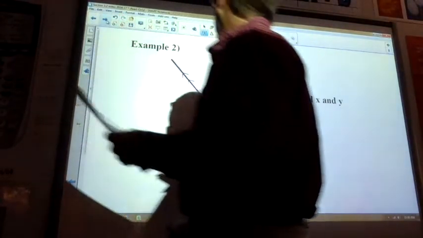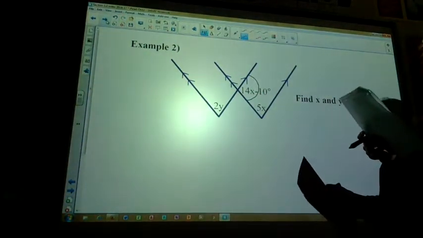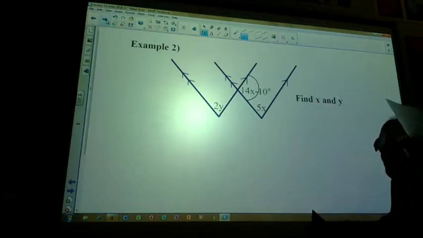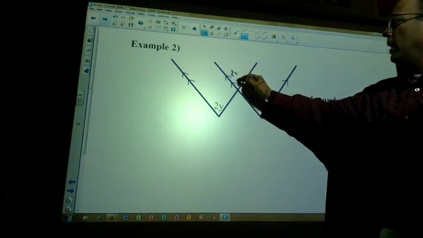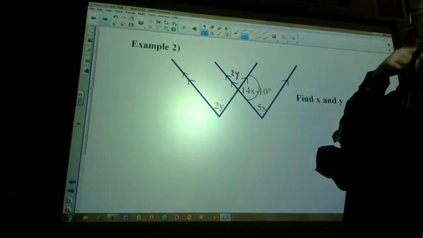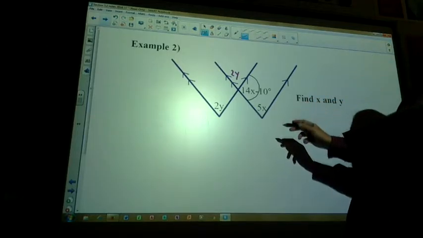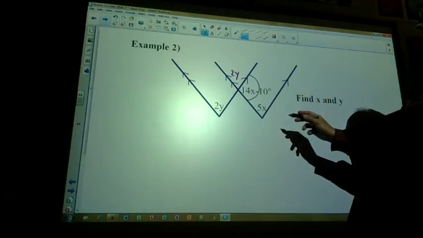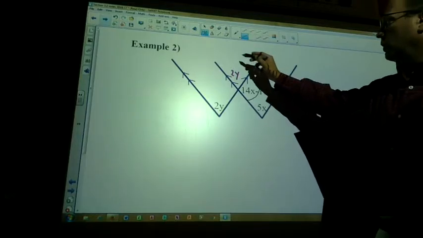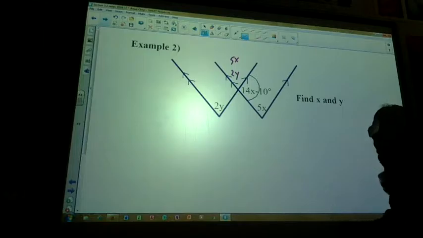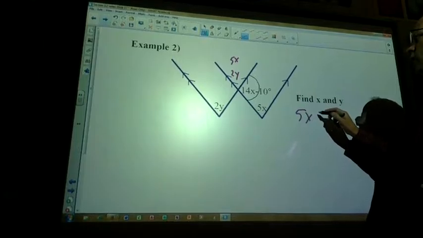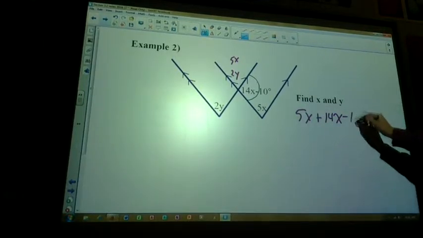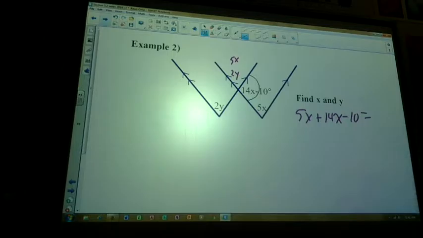Example 2. That's what it originally looks like. There's a whole lot of stuff on yours. Okay, so this line's parallel to this line. So this angle is also 2y, and it'd also be 5x. What's that going to be equal to? 5x plus 14x is 19x minus 10.